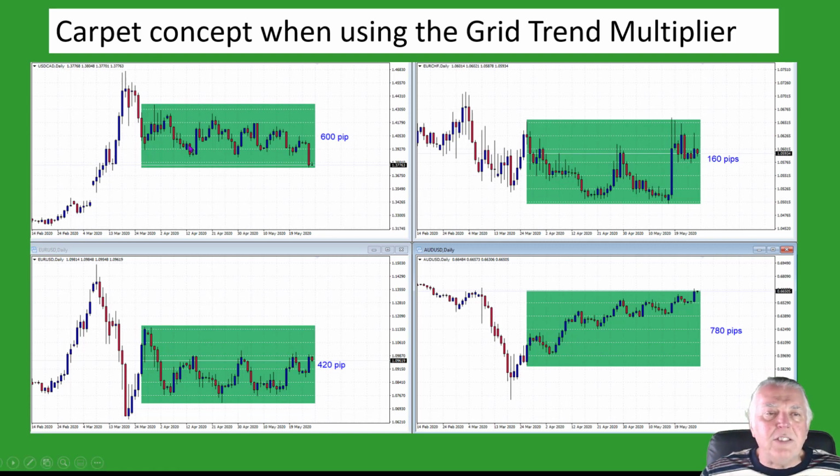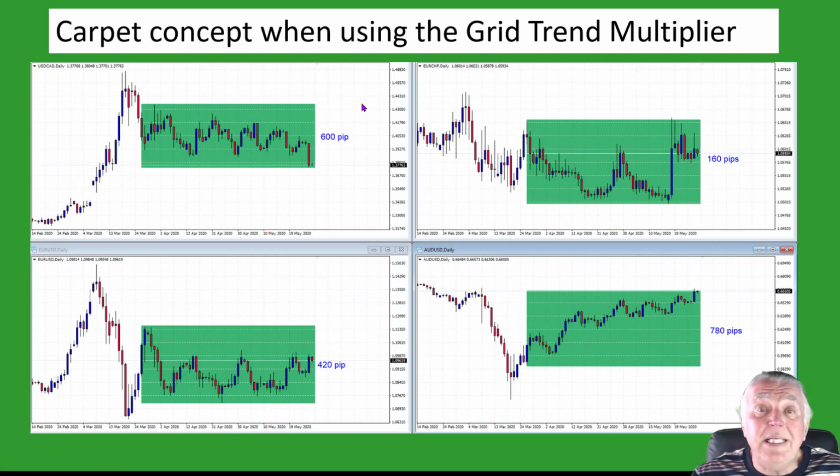So in the case of the USD CAD, you can see there was a 600 pip carpet where the price just bounced up and down in this particular range, and that's how the Grid Trend Multiplier traded it. Every time it touched a grid level, it would cash in a deal.